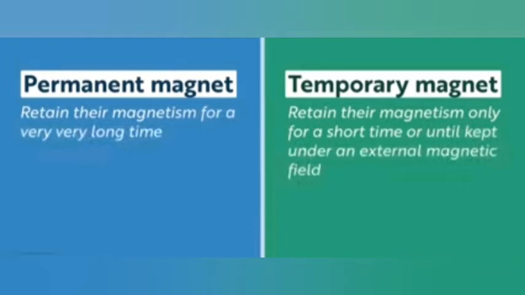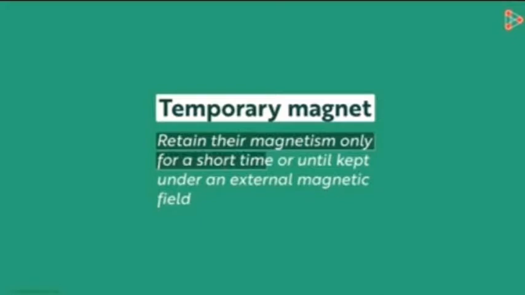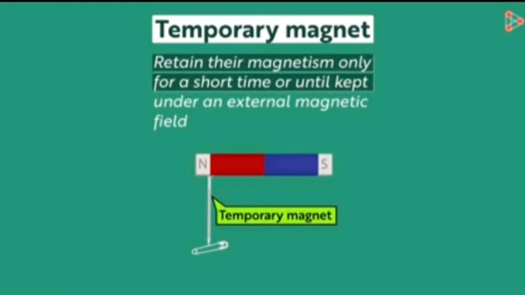Permanent magnets can retain their magnetic property for a very long time, whereas temporary magnets can retain their magnetic property only for a short period of time, or when they are kept under an external magnetic field. We will only focus on the temporary magnet.